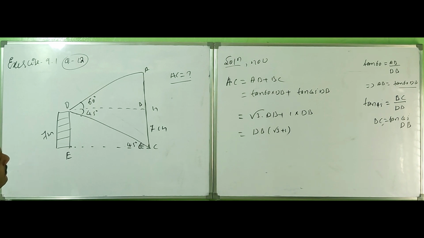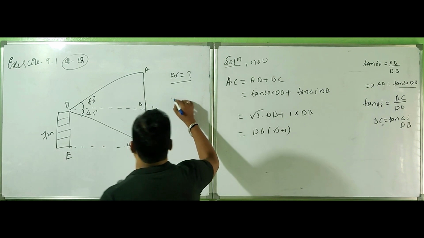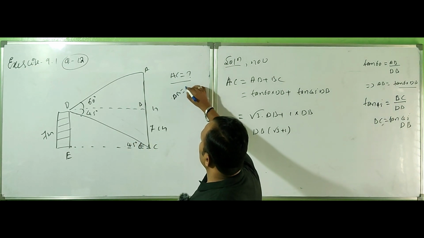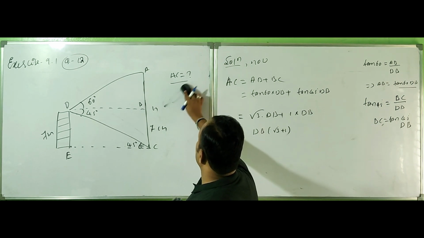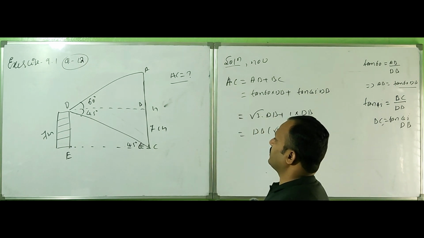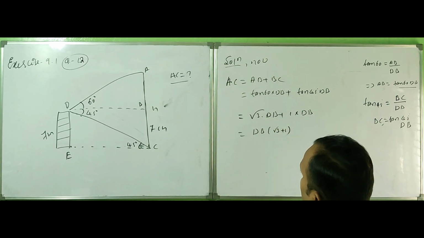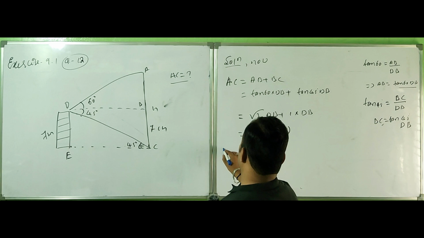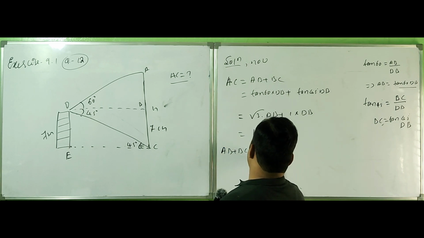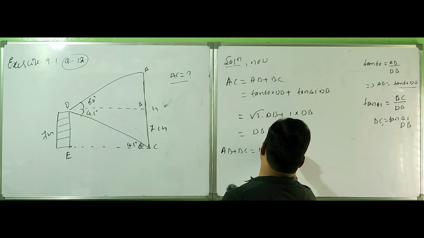So AB we can write as AC minus BC. Let AC be equal to AB plus BC, which is DB into (root 3 plus 1).